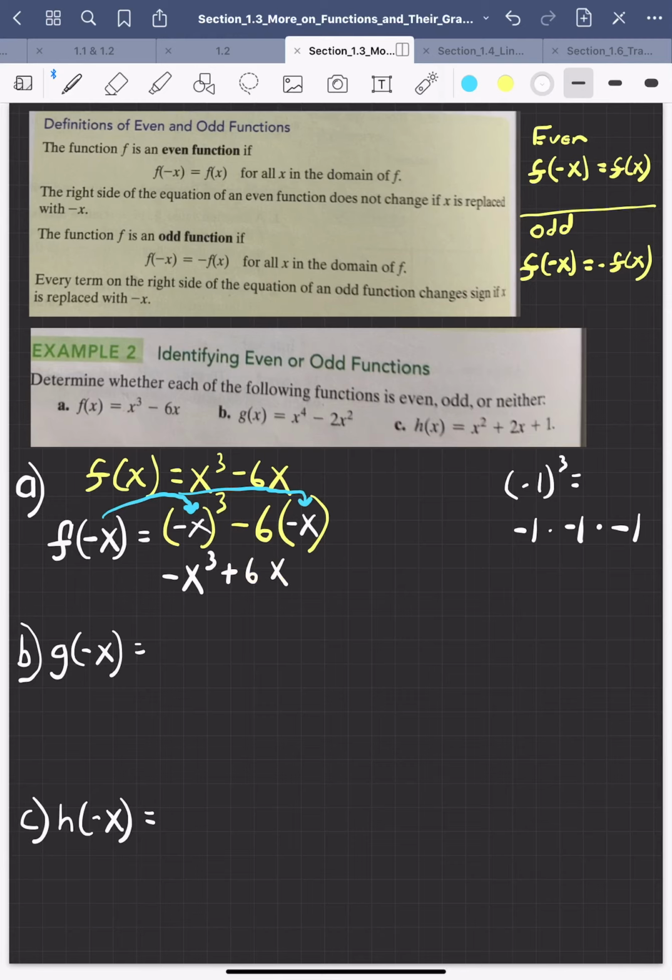Okay, so right now your job is to understand how I know whether this is even, odd, or neither. Okay, well, let's look at even first. Ready?